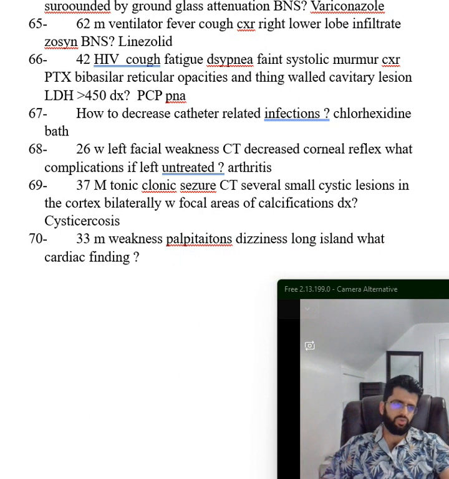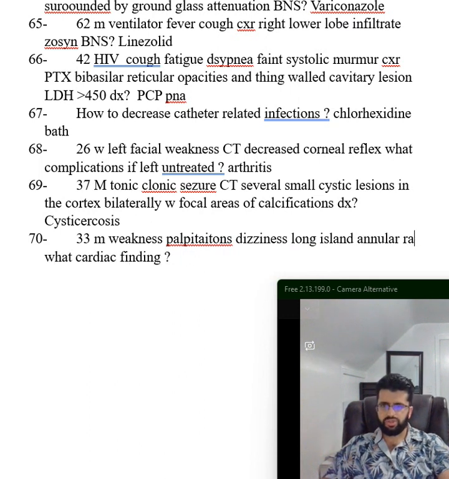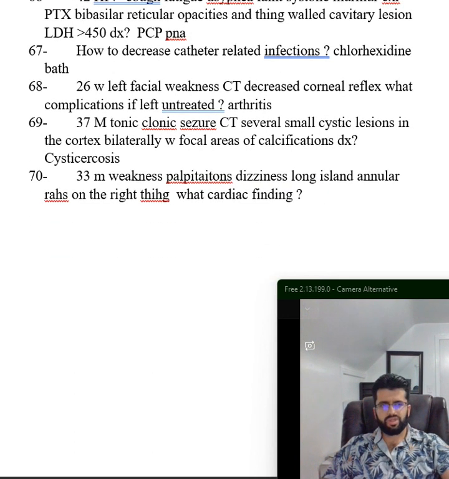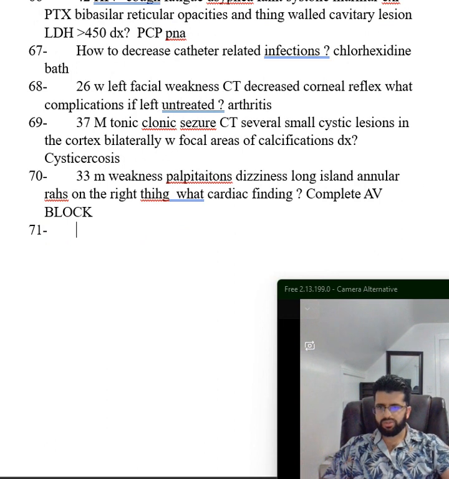And then they tell you there is an annular rash on the right thigh. So now sometimes they lead you with the questions, sometimes they lead you with the answers, okay? So in this one, you can develop complete AV block, which is one of the complications of Lyme disease. We talked about it just a minute ago.